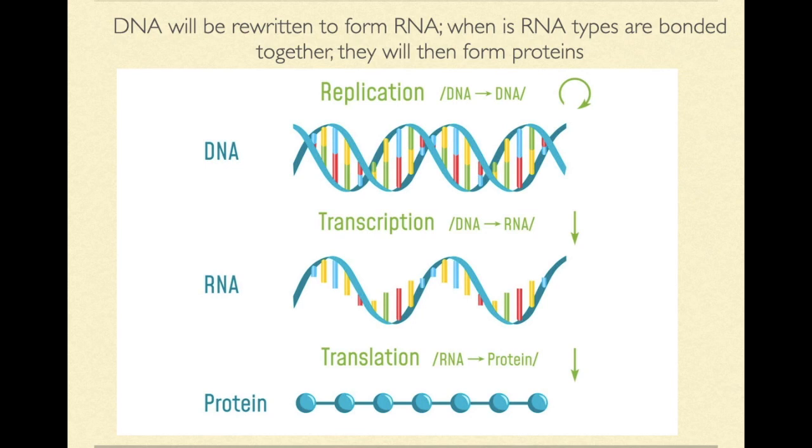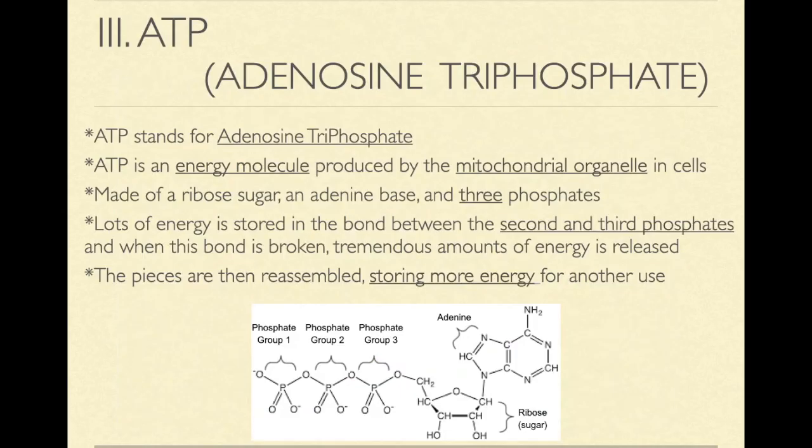The mRNA then leaves the nucleus, goes throughout the cytoplasm, finds the ribosome, and bonds with the ribosome, which then bonds with the tRNA, mRNA with tRNA at the rRNA. That's called translation because it makes proteins or amino acids.